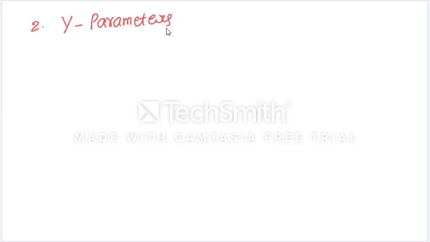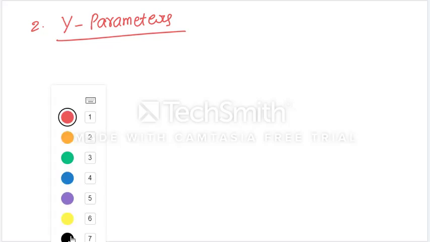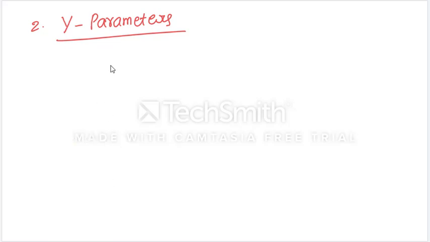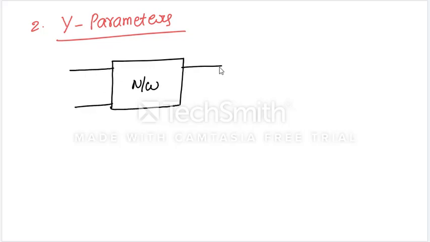Y parameters. The same as earlier analysis. Here, this is my network, port 1, and this is port 2.